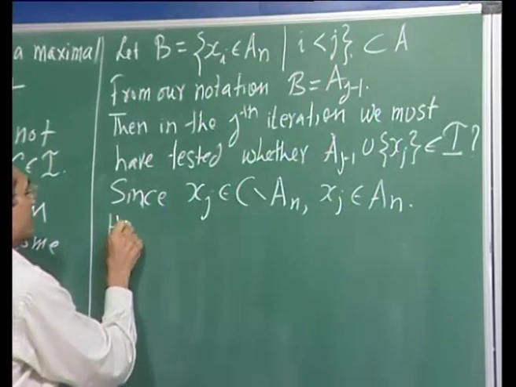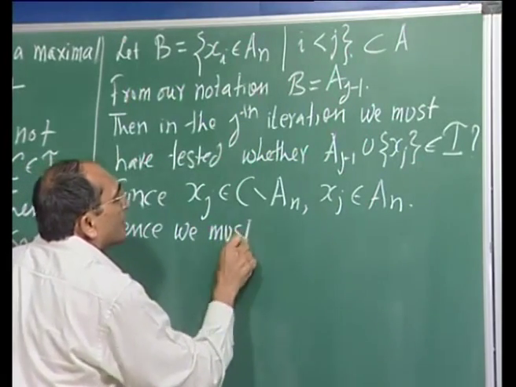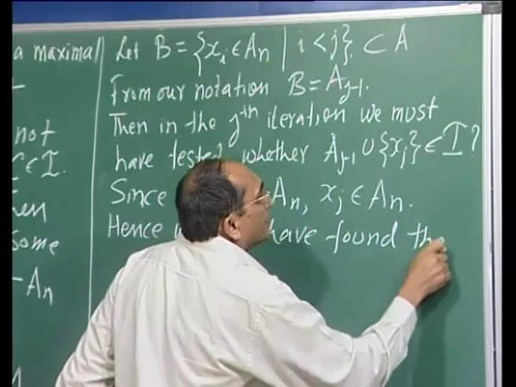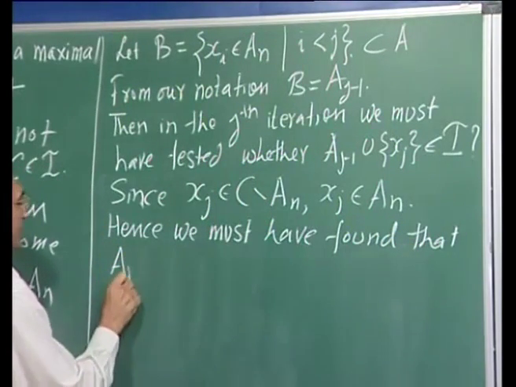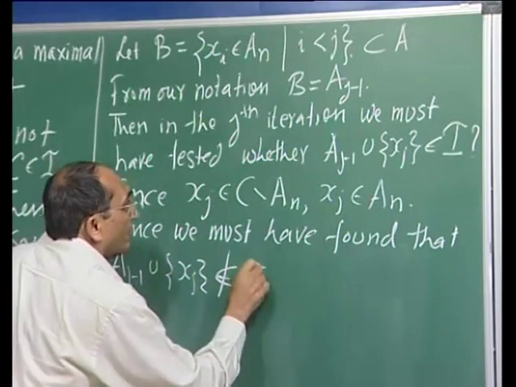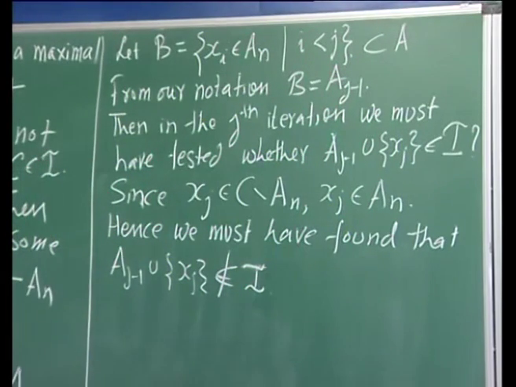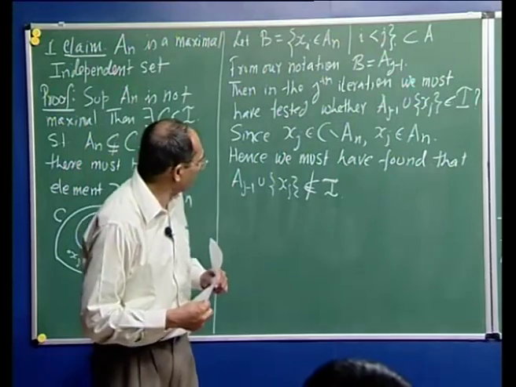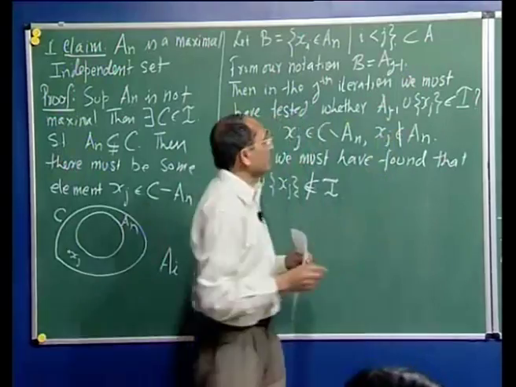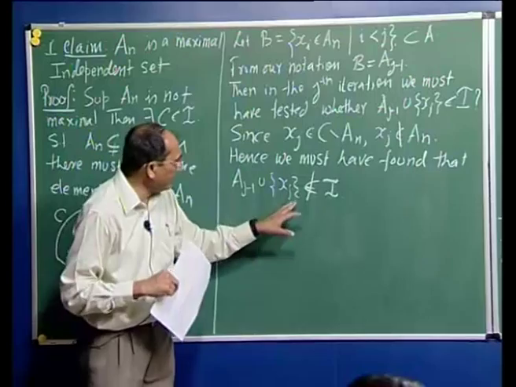Hence, we must have found that A_{j-1} union x_j does not belong to I. This is because x_j does not belong to A. Hence, we must have found that this set is not in I.